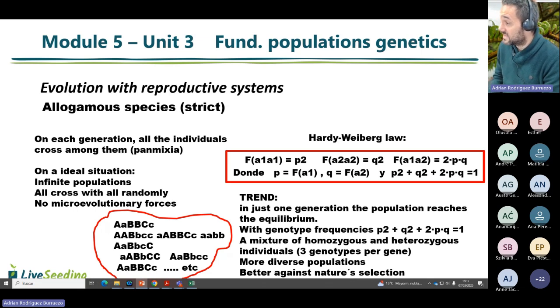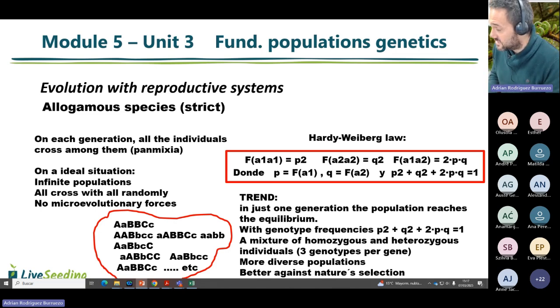Well, in just one generation, the population reaches the equilibrium. So, according to the frequency of allele 1 and allele 2, in just one generation of cross-pollination among all the individuals, both alleles recombine ideally and provide these genotype frequencies of p squared, q squared, and 2 by p by q for the three different genotypes, okay?